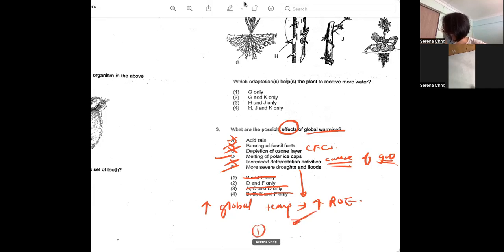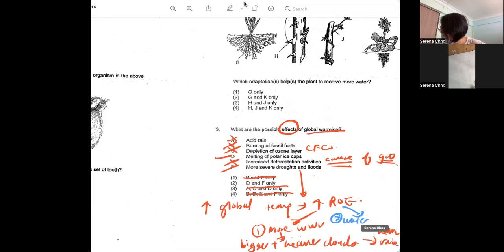On one hand, you'll have more water vapor condensing to form bigger and heavier clouds, which will fall as heavier rain. On the other hand, you will also have faster evaporation from the water bodies, so the water bodies dry up, and this leads to drought. So the answer is D and F.